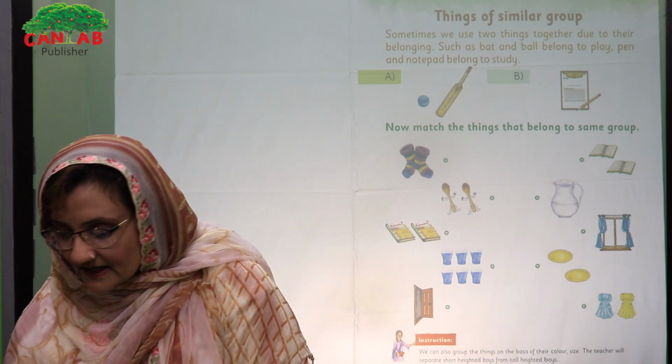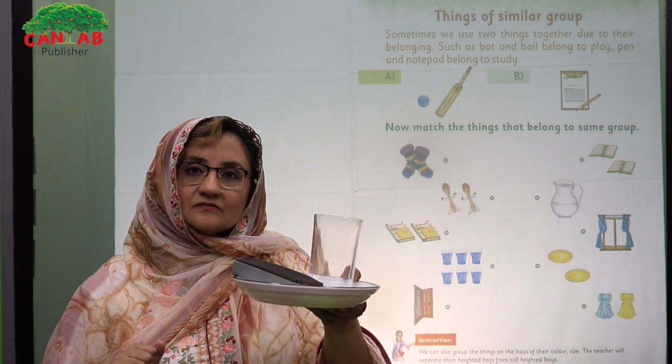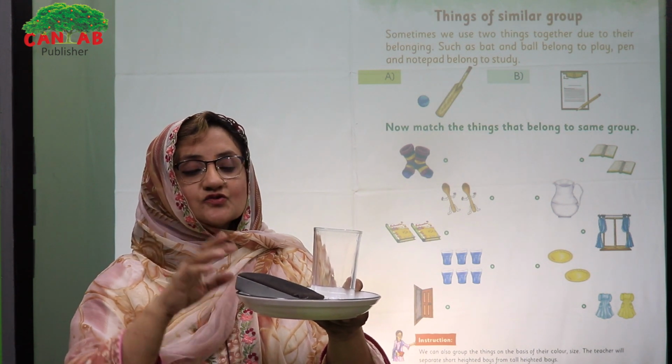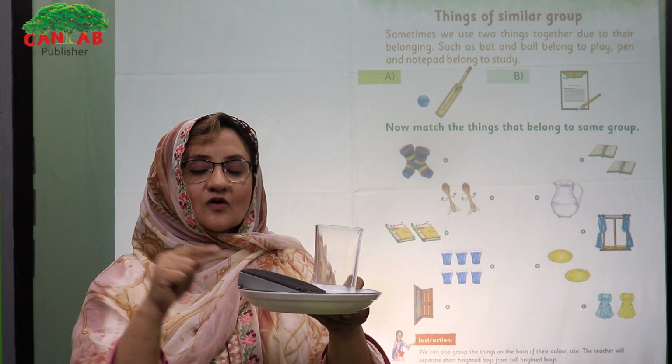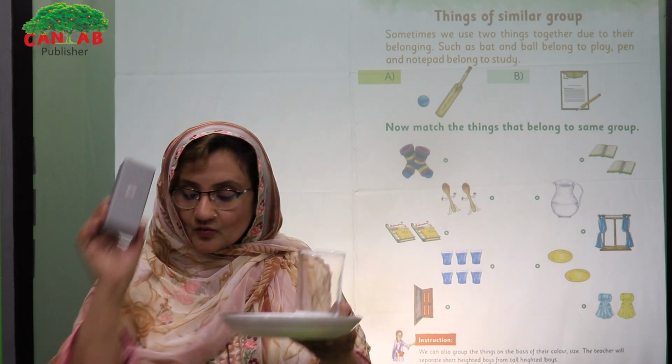For example, I can give them a glass, spoon, plate, and a duster, and I can ask the students to make a group and take out the odd one. This is the odd one.